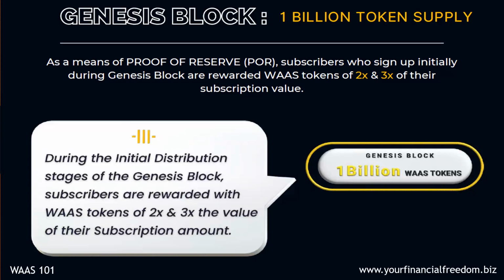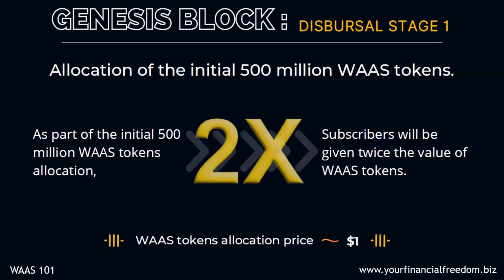During the initial distribution phase or stages on the Genesis block, subscribers are rewarded with WAS tokens of 2x and 3x the value of the subscription. Okay. So we are now in the 2x phase. Anytime you purchase a package, and the packages are now for the mining packages, $50, $500, or $5,000, or multiples of those.